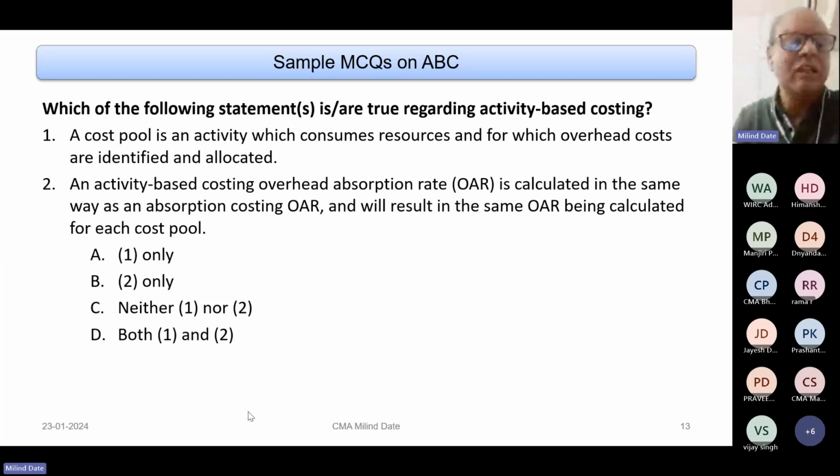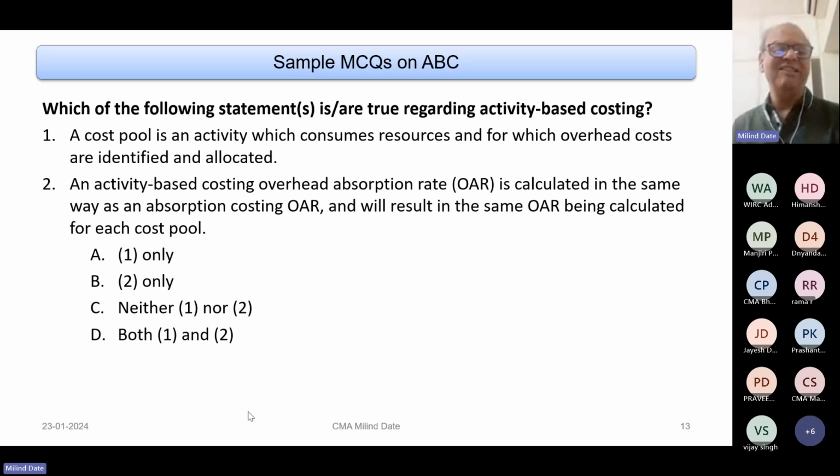That's the first statement. Second says ABC overhead absorption rate, OAR, is calculated in the same way as absorption costing overhead rate, and will result in the same OAR, overhead absorption rate, being calculated for each cost pool.